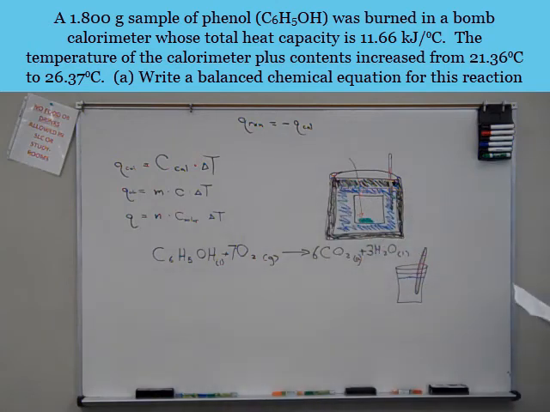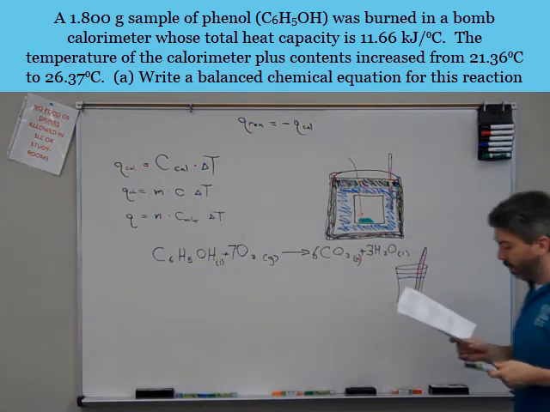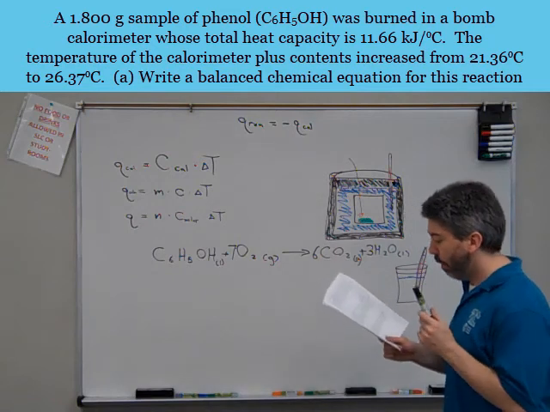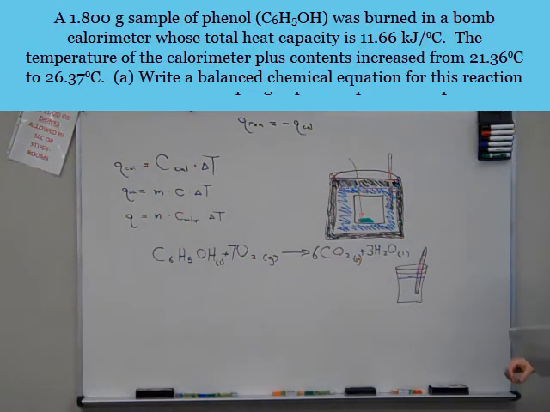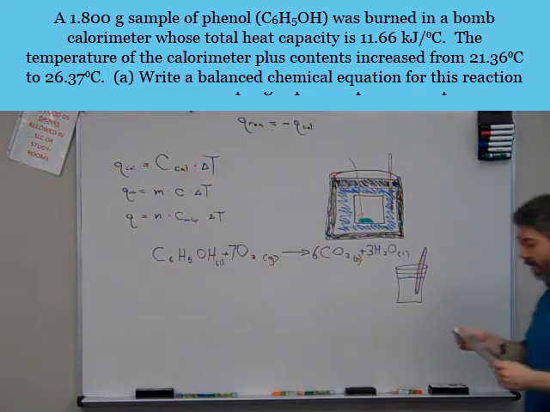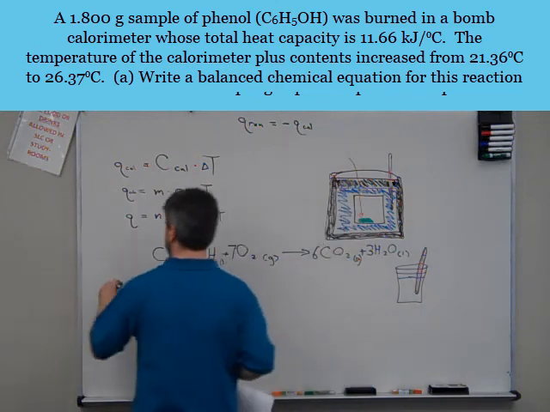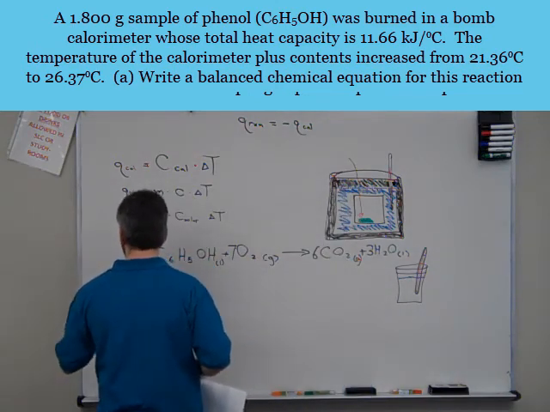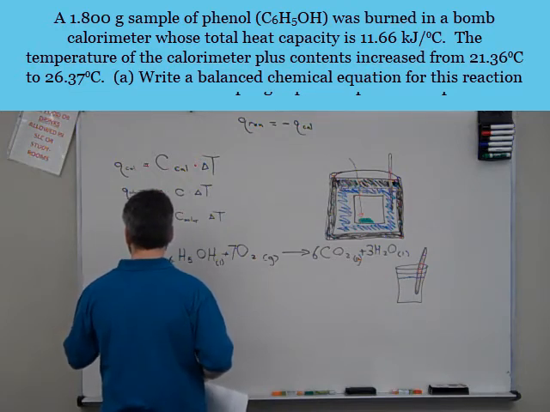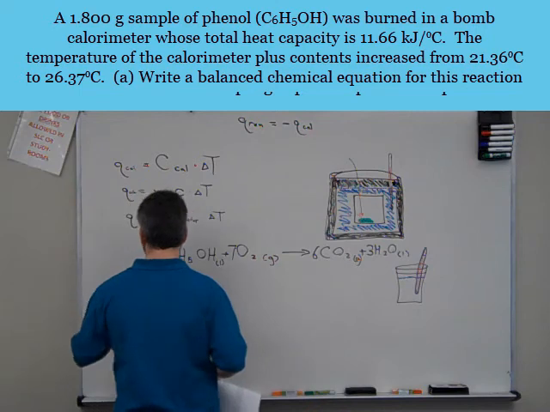It says, write a balanced chemical equation for the bomb calorimeter reaction. Then it says, what is the heat of combustion per gram of phenol? So to get the heat of combustion, we're going to have to take the Q of the reaction and divide it by the grams, or the mass, of phenol.